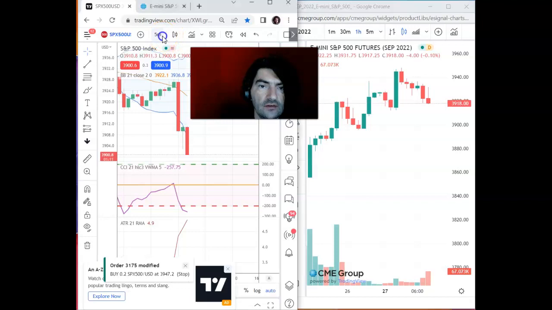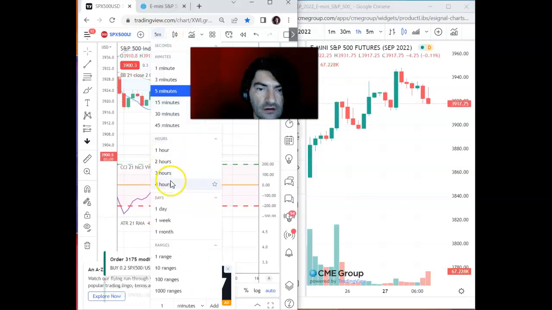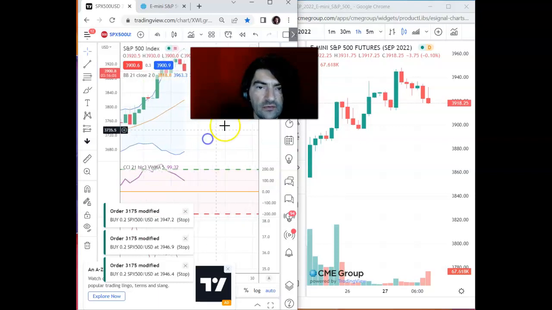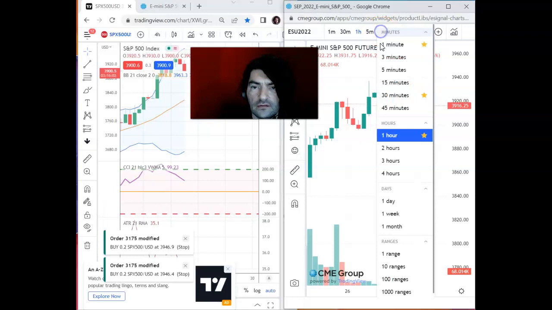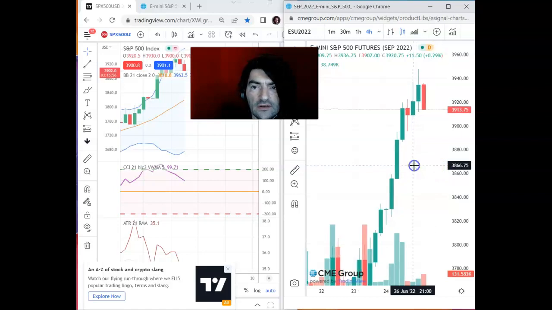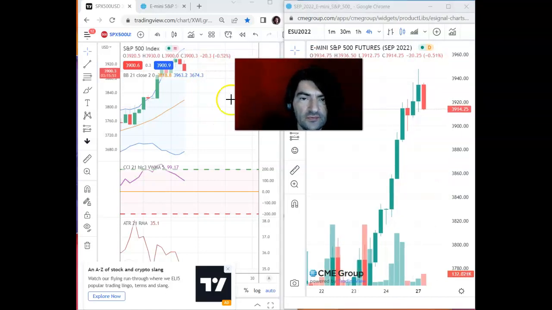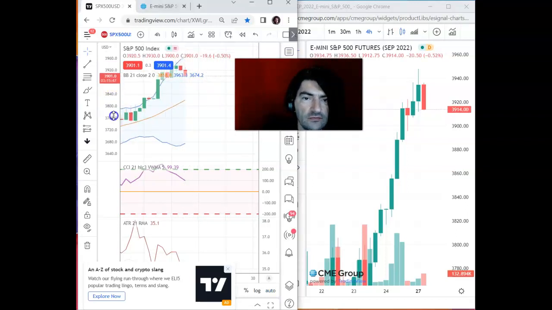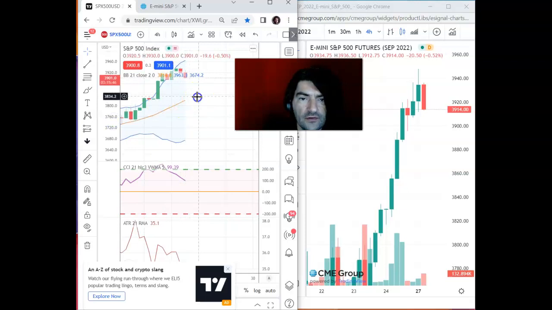If I go to the 4-hour, you can see quite clearly where we've been on Friday. That's not to say that the current push cannot be undermined, but always beware that there are slight differences between the futures and the CFD.